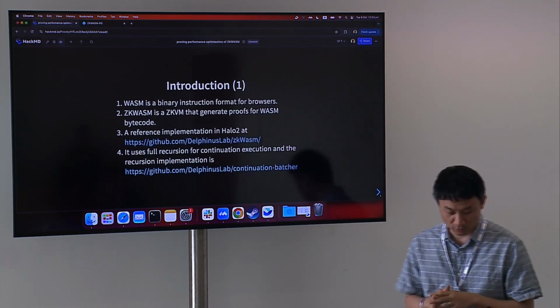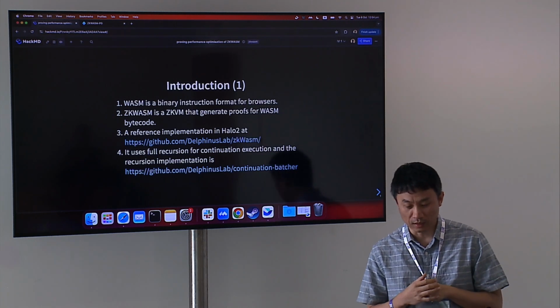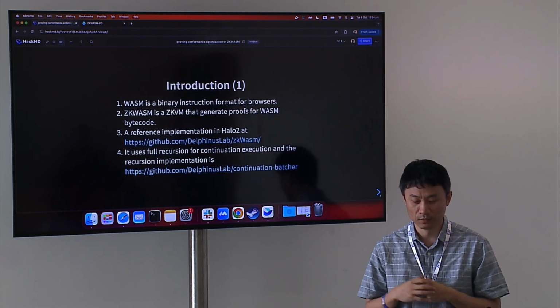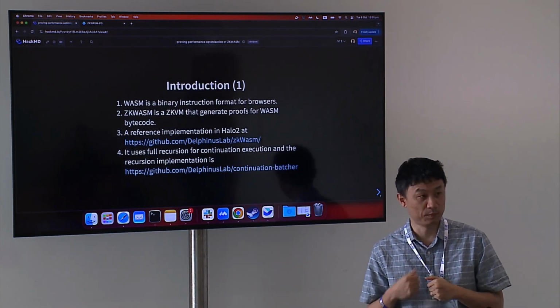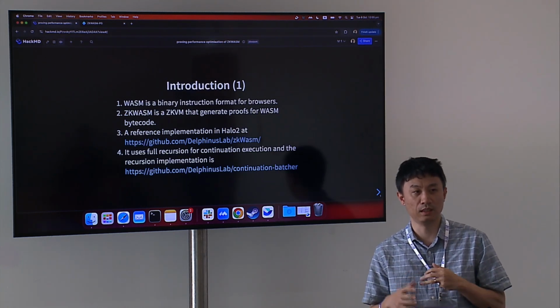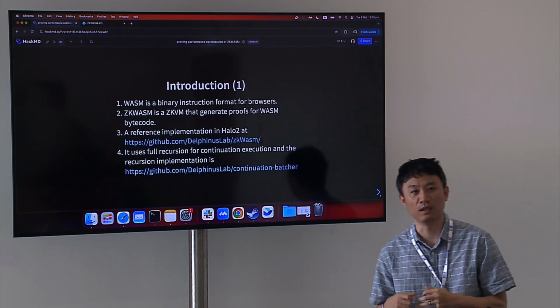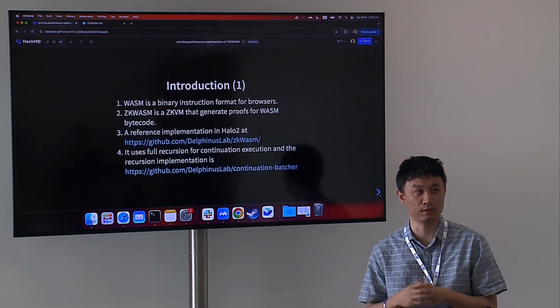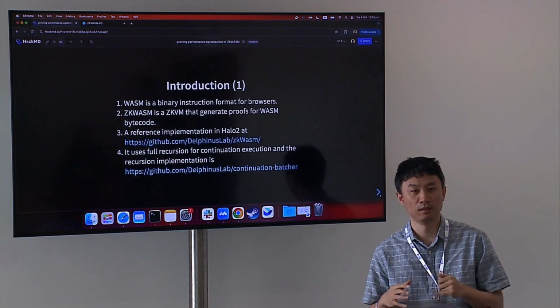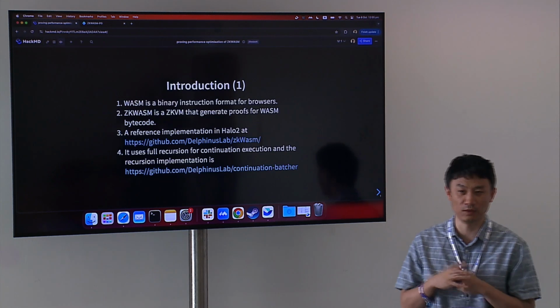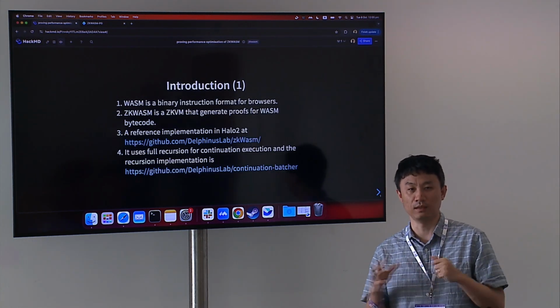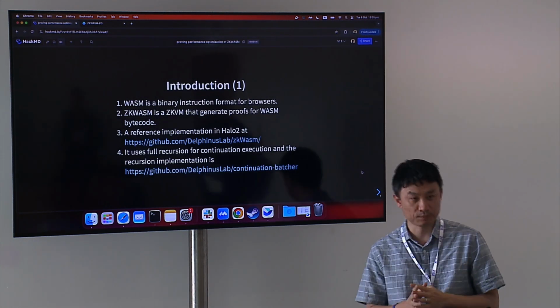Today I'm going to introduce our way to improve the performance, not on CPU, but on a relatively expensive piece of hardware, a GPU, the 4090, to bring the performance back to a level where it can compete with other proving systems.